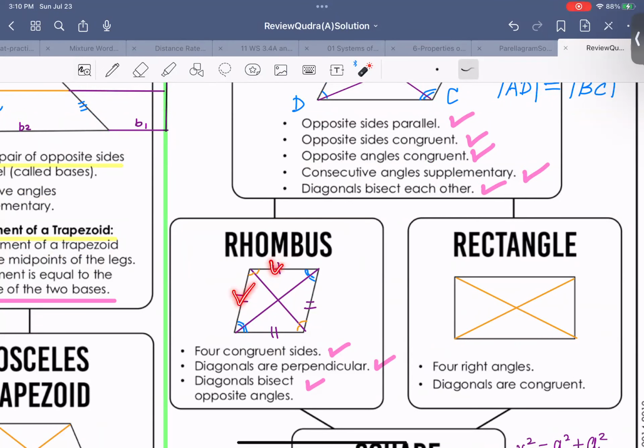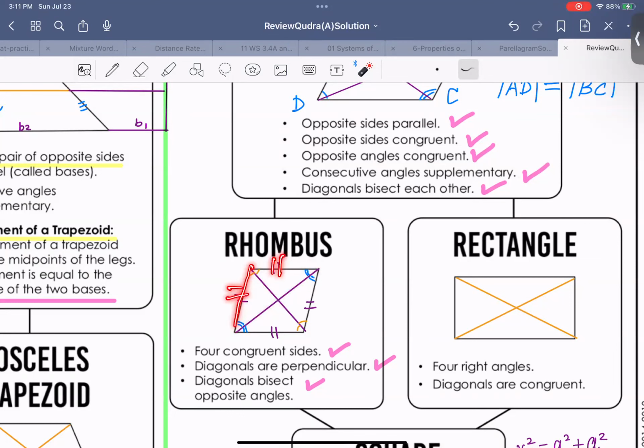You have these two congruent, and then you have the opposite angles equal, yes? See here, these two are equal, right? Yeah. And these two are equal, correct? Yeah. So now look at these two triangles.